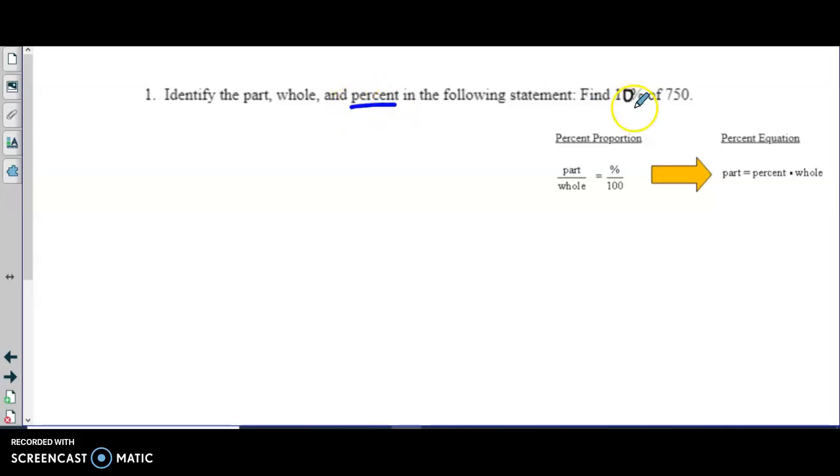Well, the percent is pretty straightforward because it says find 10% of 75, so we know that 10 is the percent. We want to find 10% of 75. I'm sorry, I keep saying 75, of 750. That means 750 is the whole thing, and we want to know what 10% of that is. So to find the part, we would have to do the percent times the whole. 10%, remember, of means multiply, so of 750.